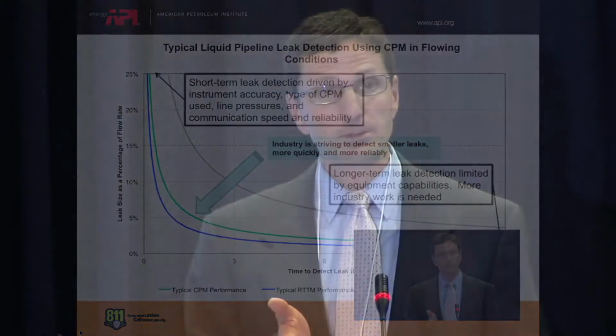Okay, that doesn't sound very impressive, but if that's the entire leak portfolio or the population of leaks, you've got to understand that 2/3 of those leaks are leaks smaller than 5 barrels, and CPM systems are not intended to detect those small leaks. So of the leak category where CPM systems are well suited, the medium to larger leaks, the performance of CPM is really more in the 70 to 80% effectiveness.